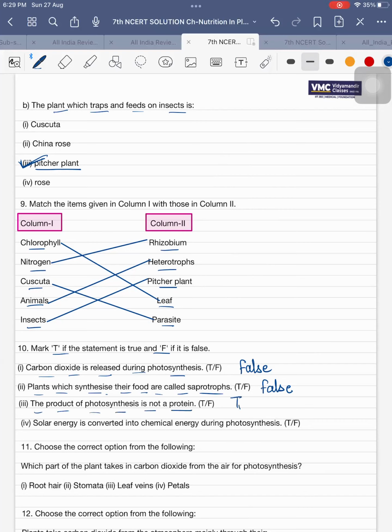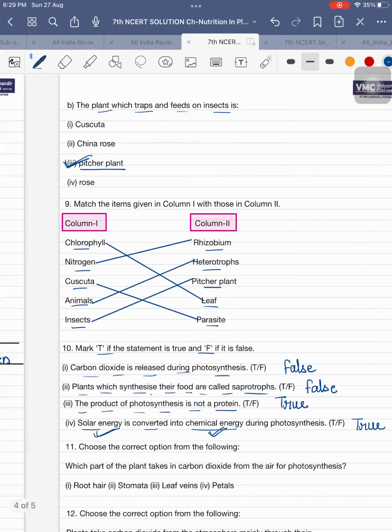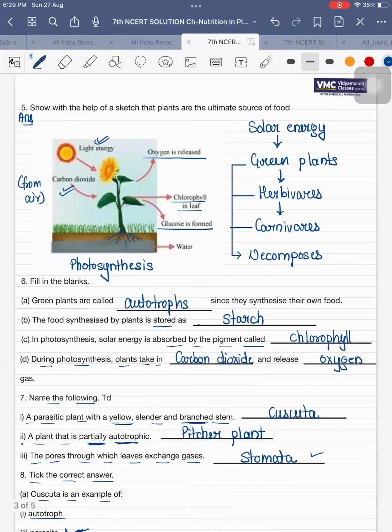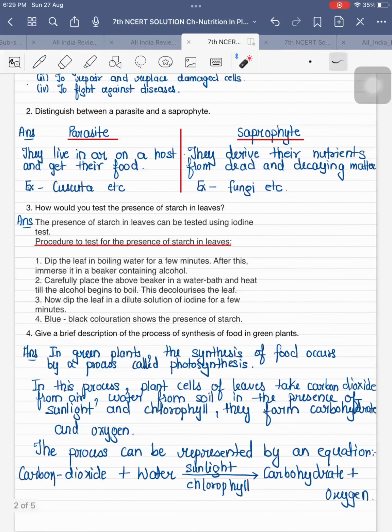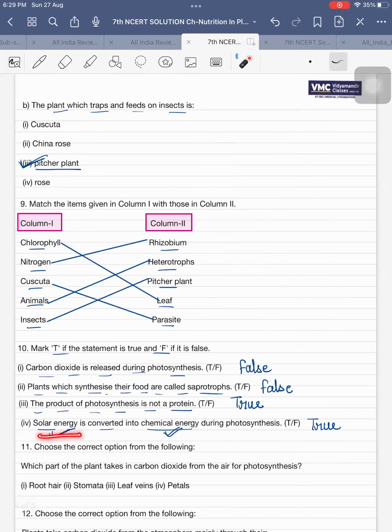It's true. It's carbohydrate, not protein. Solar energy is converted into chemical energy, true. As the plant takes the sunlight, that's solar energy, and does a chemical process that we represent through a chemical reaction. Okay. So we can say that solar energy is converted into chemical energy.